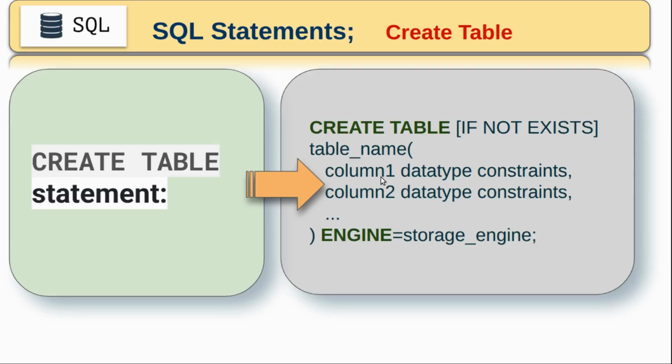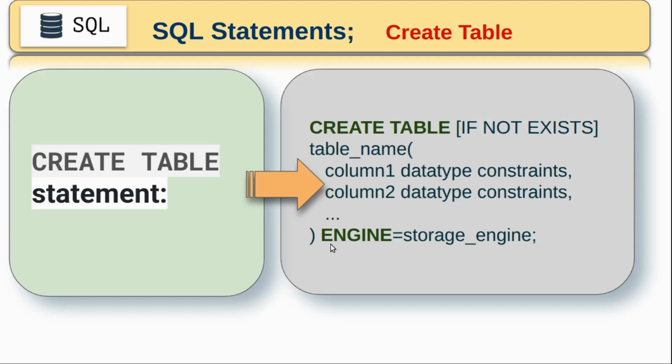Here there is no table, so we can use only the CREATE TABLE statement. So CREATE TABLE, and after this the table name, and after this column 1, and in front of column 1 you have to write the data type and then constraints, comma, column 2, the same information we have to write in front of all the columns.